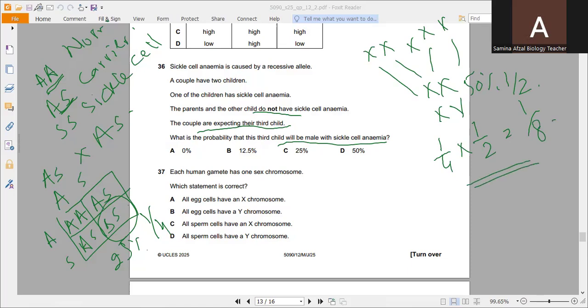So the probability is 1 by 8. So if we calculate its percentage, 1 by 8 multiplied by 100, the answer is 12.5%. So according to this calculation, B is the correct option.